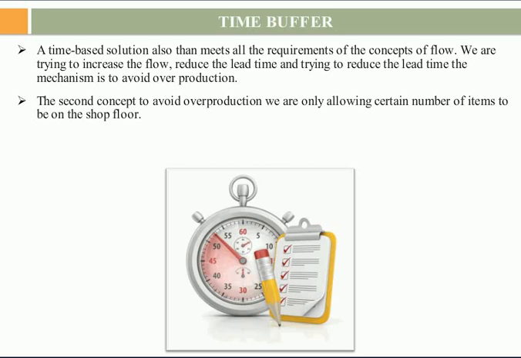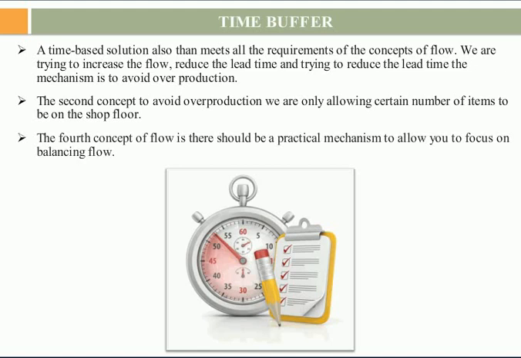Much ahead of time is overproduction. So you produce an item when you want it to be produced. So we are limiting production by releasing the material at the requisite time, and this time is good enough for the material to be out on the due date.